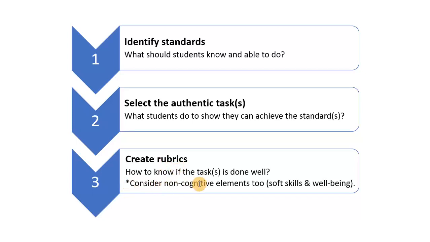Also consider non-cognitive elements too, such as the testing of soft skills and well-being, like how they manage their emotion, their teamwork, how they manage themselves. So these are non-cognitive elements that should also be considered when creating rubrics of the assessment.